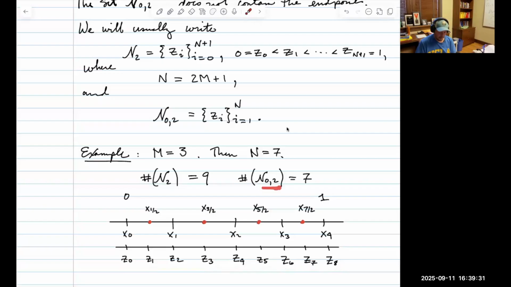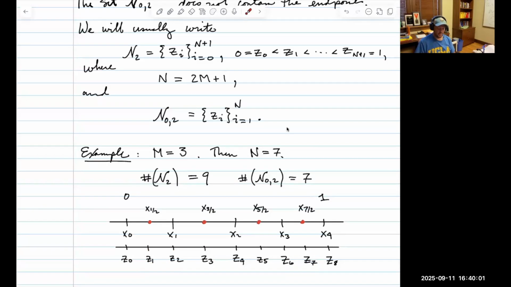And what about the number of points in N02? Those are the interior nodes. There are exactly 7 of those, and that's exactly equal to the number n. So the way I've made things work is that n is the number of points in my interior nodal set, the set of interior nodes.